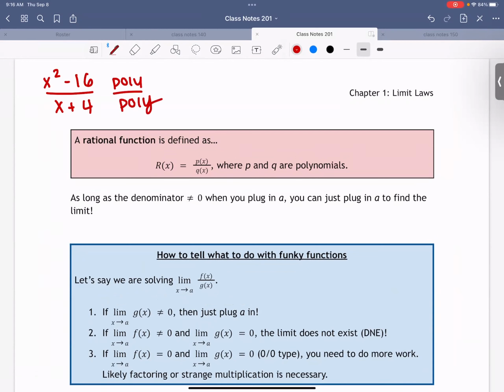Okay. So limits involving these types of functions are kind of tricky, and people have different ways of describing this, but I think I've come up with a good way to find the limits involving these. I have a 3-step method.